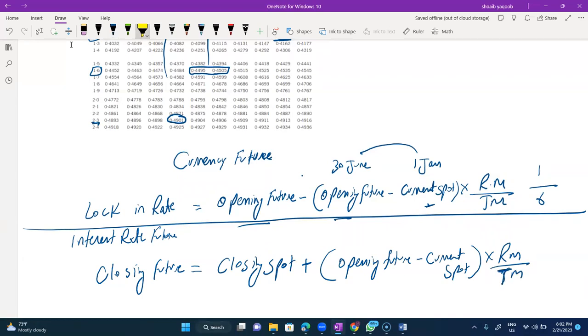So this will be the same in both cases. The only change is that in lock-in rate you take the opening future; in closing future, you take the closing spot. That's the only difference.